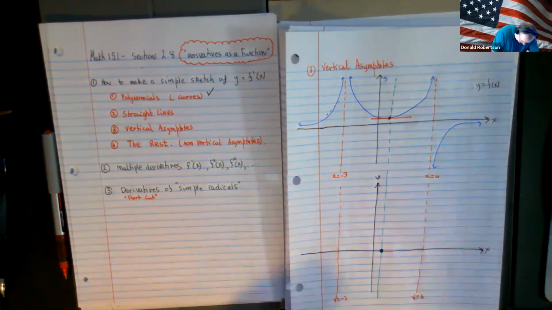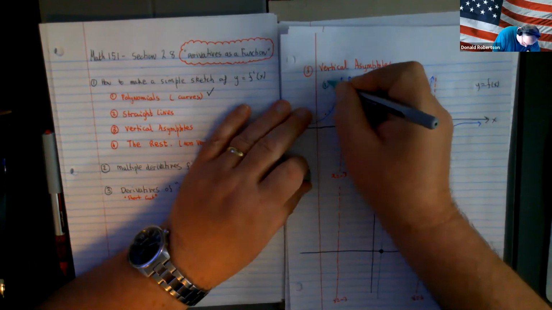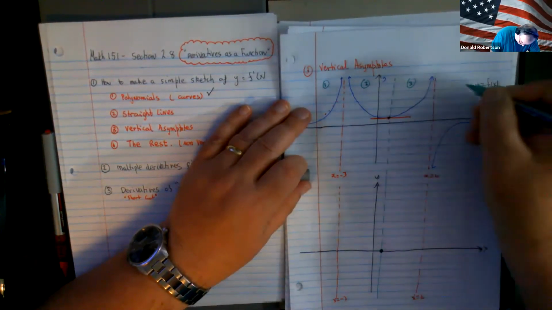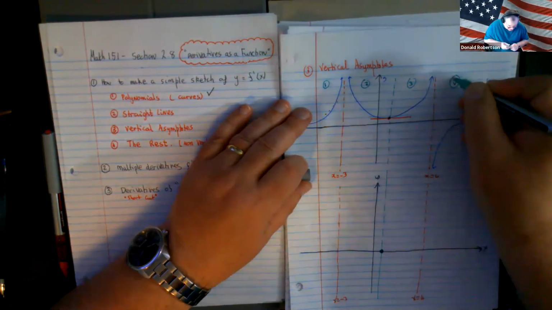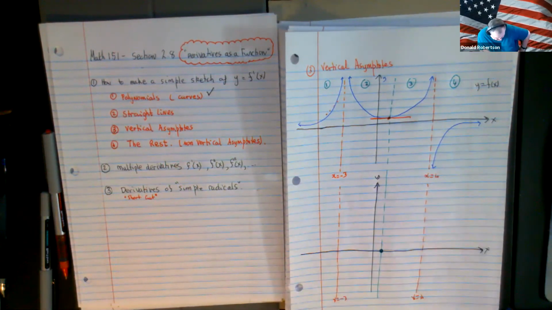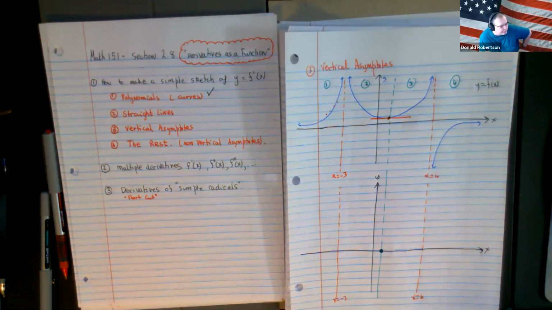So we now have region 1, region 2, region 3, and finally region 4. Vertical asymptotes end up being probably, in my opinion, the more awkward of the ones we've done so far.